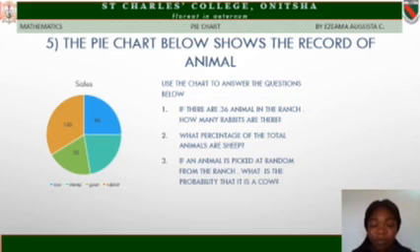Now, use the chart to answer the questions below. 1. If there are 36 animals in the ranch, how many rabbits are there? 2. What percentage of the total animals are sheep? 3. If an animal is picked at random from the ranch, what is the probability that it is a cow?